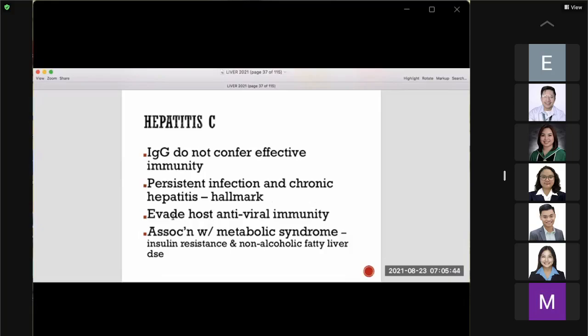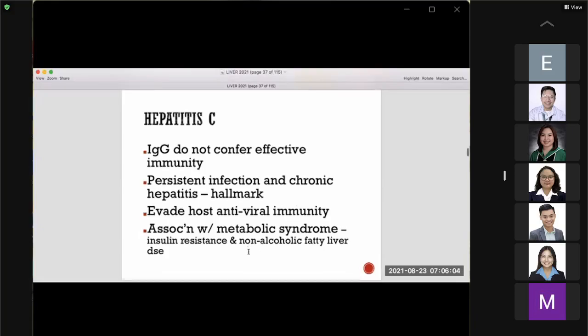It evades host antiviral immunity, so it escapes, okay, the antiviral activity of the immune system. This is associated with certain metabolic syndromes like insulin resistance and non-alcoholic fatty liver disease.